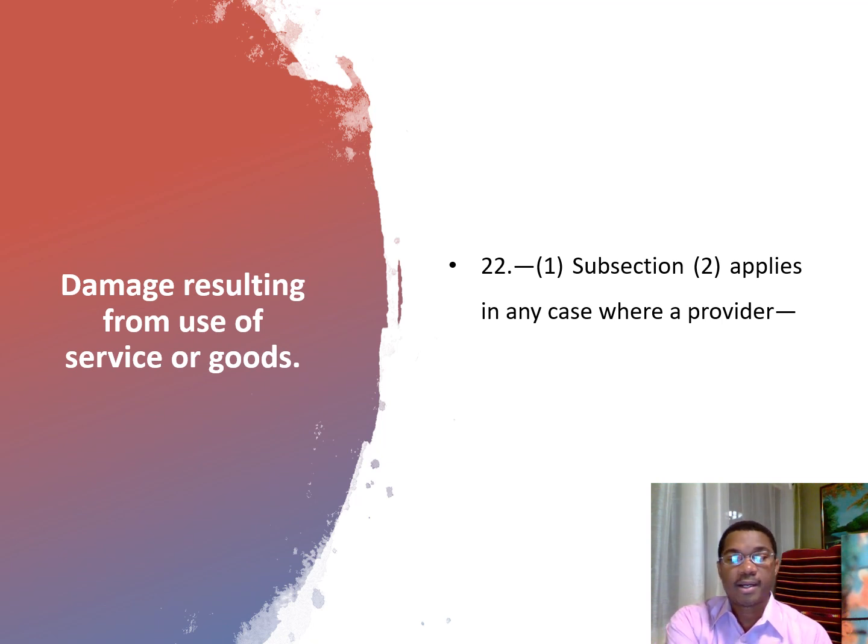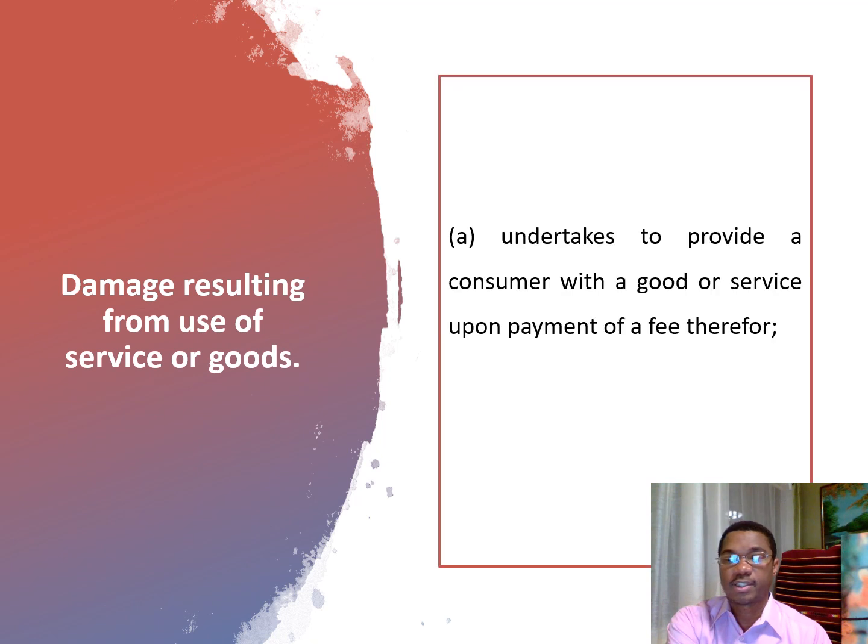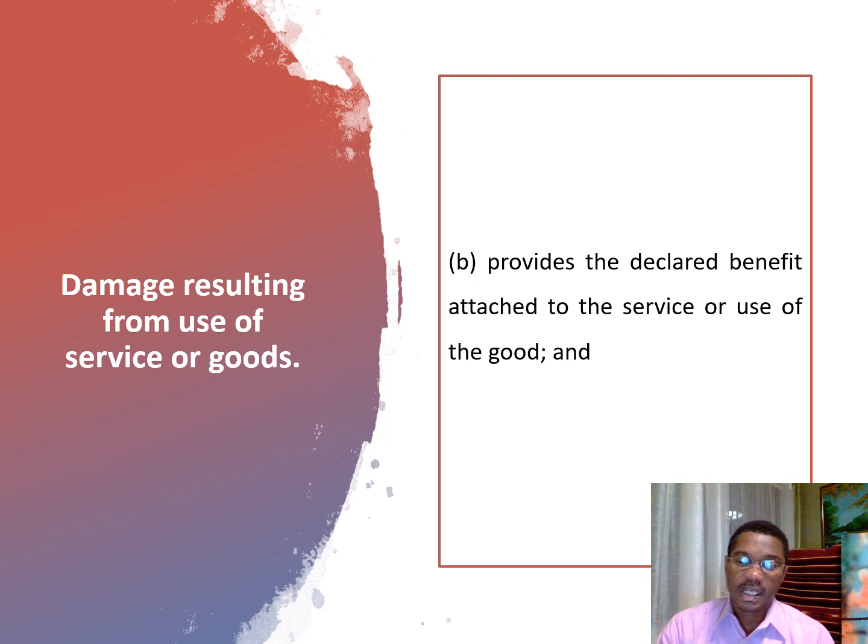what the providers should do if there is damage resulting from use of services. So the first thing is that they undertake to provide a consumer a good or service upon payment of a fee. That's the first thing. And the second thing is that it provides the declared benefit attached to the service or use of the goods.